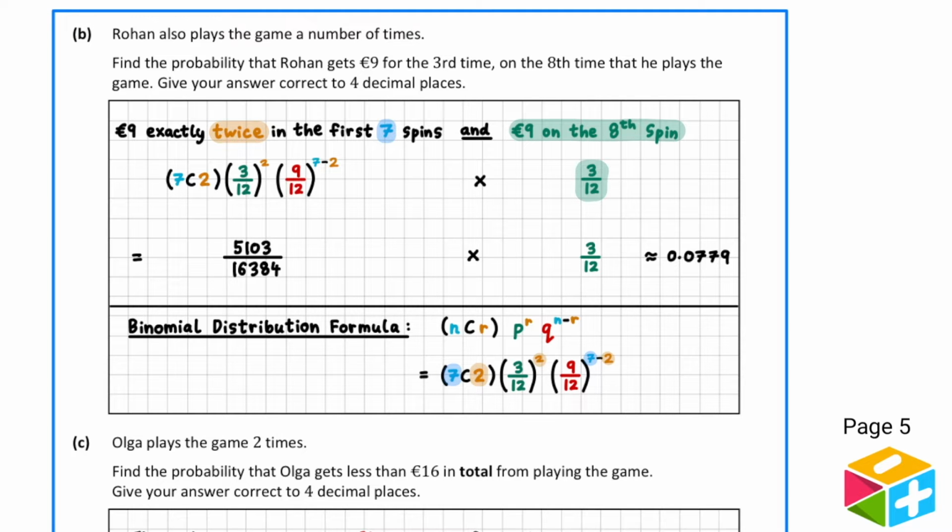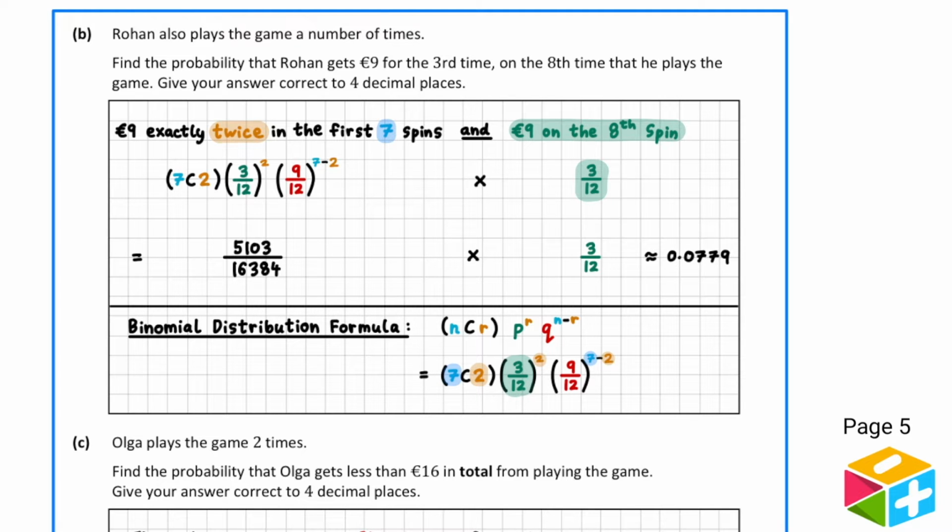P is the probability that your event occurs on an individual trial. Here, there's a 3 over 12 chance we get €9 on an individual spin. So P is 3 over 12. Q is the probability that your event does not occur on an individual trial.